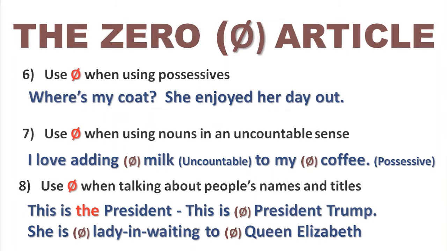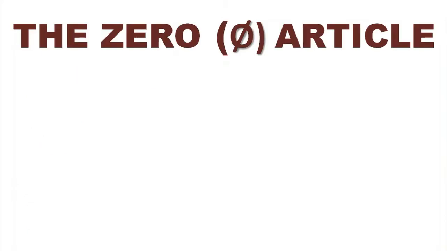And that's it. That's when we decide not to use an article and select the zero article option. So there's 8 different rules there, and we have to think about them all, and that's why it can get quite complicated. But mastering the zero option is actually key to using articles correctly when using English.